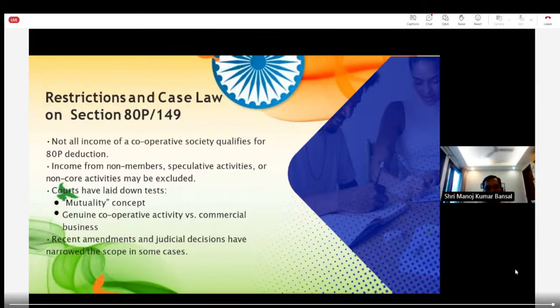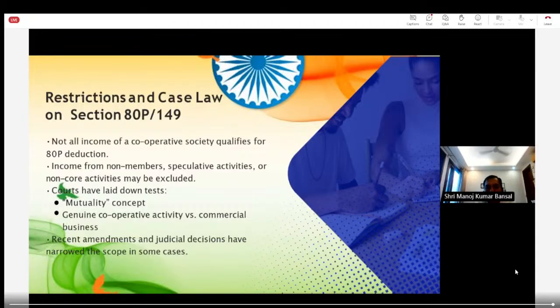Income from non-members, speculative activities, or non-core activities may be excluded. Courts have laid down the test of the mutuality concept. It means if any income is derived for the members by the members, that is exempt.